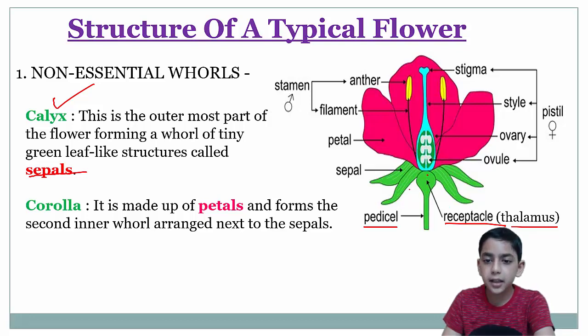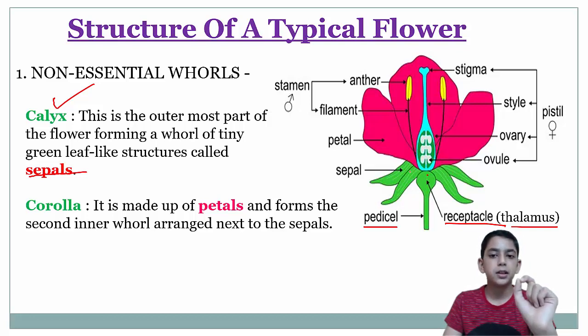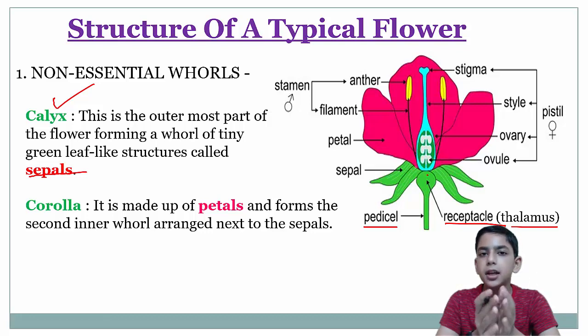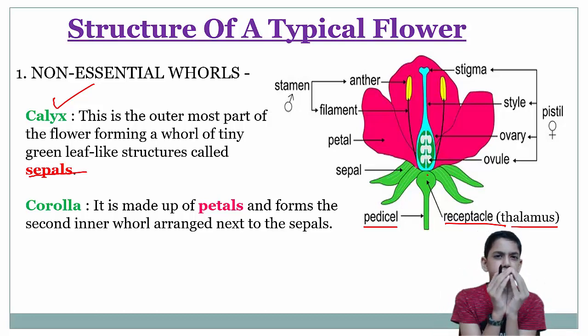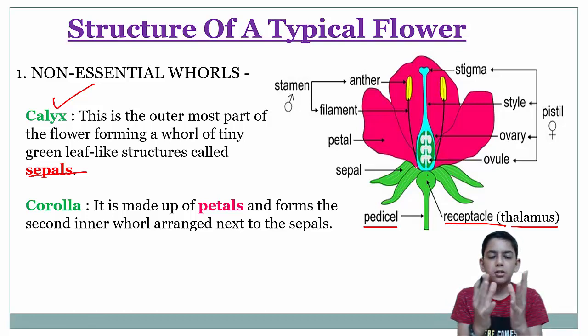Now, they are connected to the thalamus, and these are the outermost whorl, and they help the flower when it is in the bud stage. When it is in the bud stage, it is very small, and there can be harsh climatic conditions.